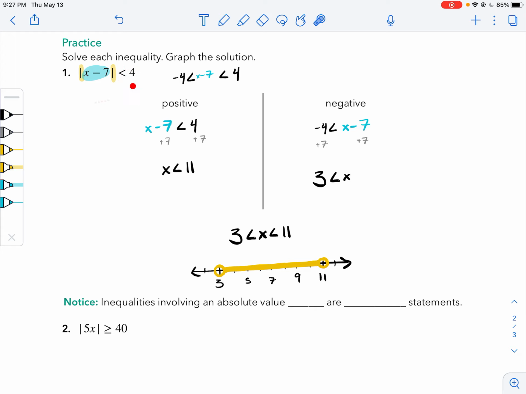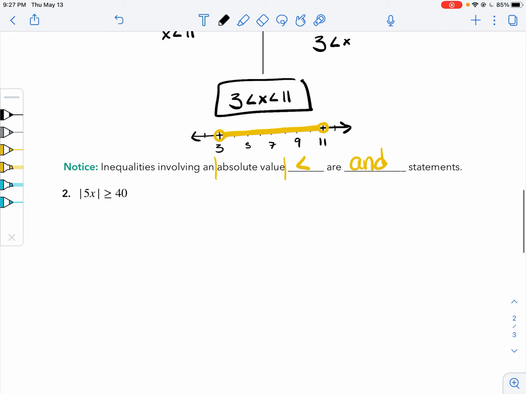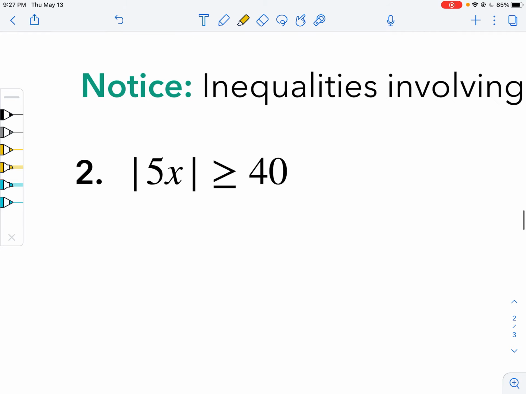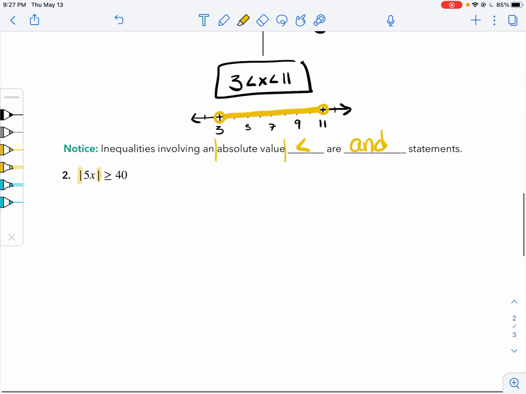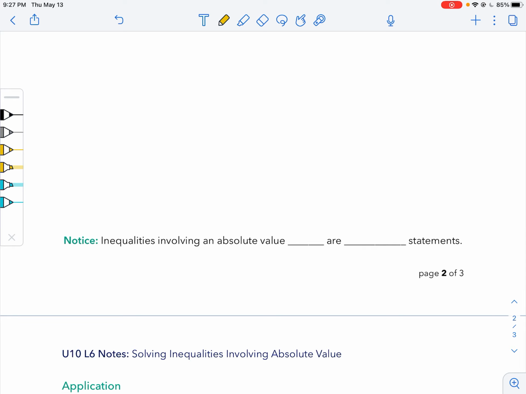So it's got to be an AND statement. In fact, whenever you have an absolute value that's less than something, that will always be an AND statement. On the other hand, if we have an absolute value that's greater than something, that will always be an OR statement.